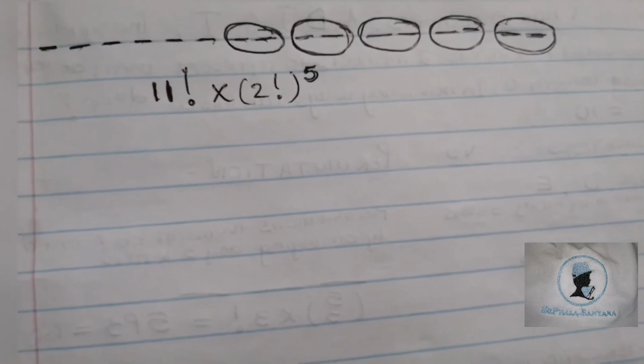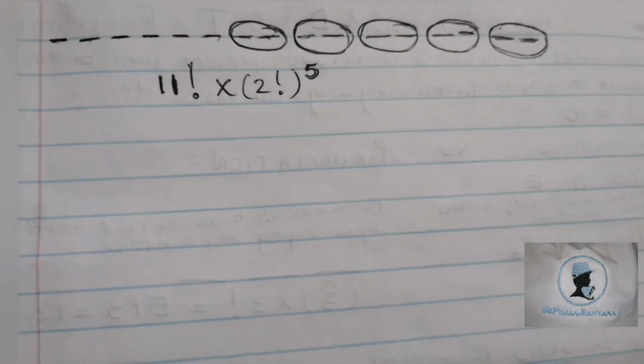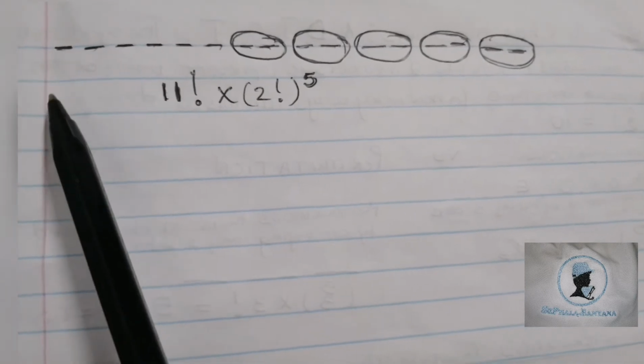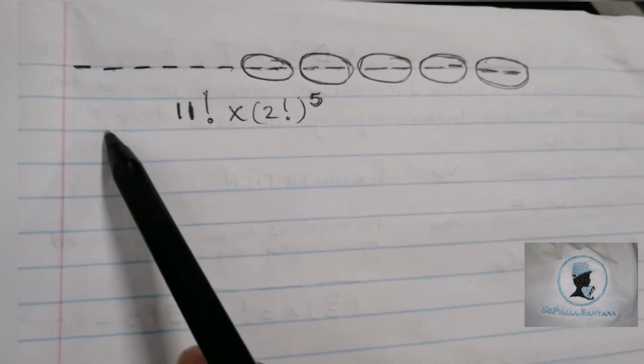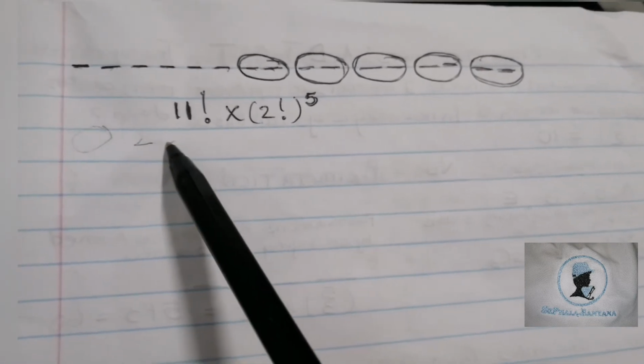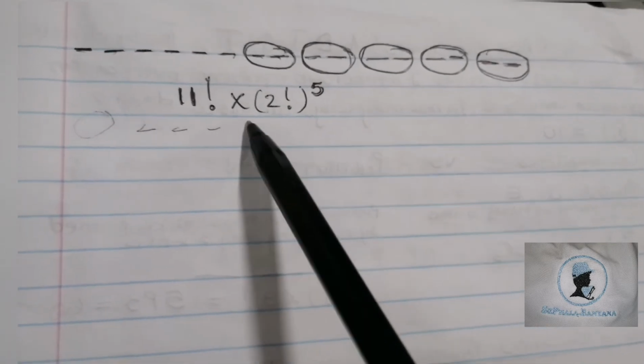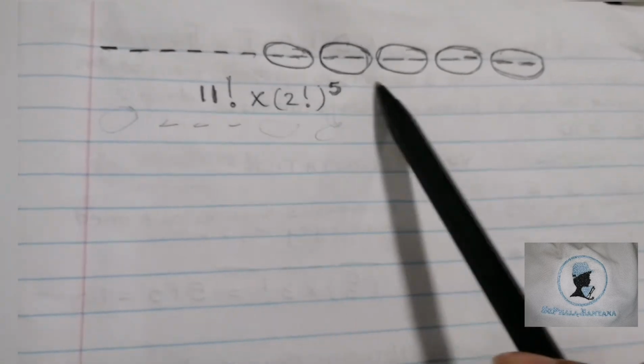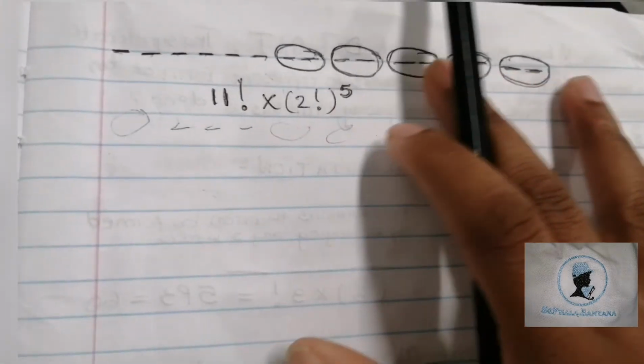So by 11 factorial we are seating those people, because we don't know, guys, this couple can sit here, then maybe we'll have some single people and then the other couple sit. So by 11 factorial we are just sitting them in.